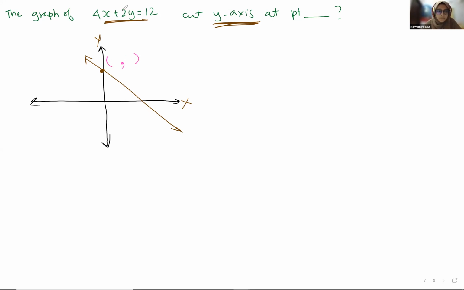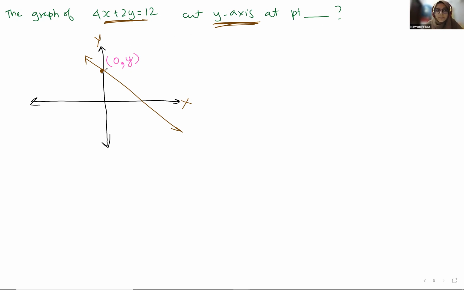Ma'am, 0 comma y. 0 comma y, because the x coordinate will be 0, because we are not moving at all in the x direction. We are moving 0 units in the x direction and y units in the y direction. That means we are moving some units in the y direction and we have to find out how many units that is.